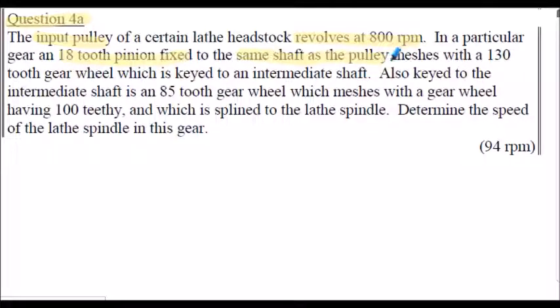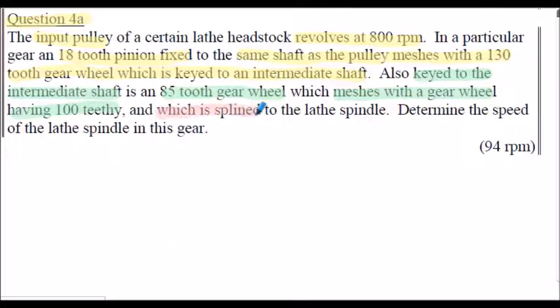And that gear meshes with a 130-tooth gear wheel, which is keyed to what they call an intermediate shaft. Just a bit of terminology there. Also keyed onto the intermediate shaft is an 85-tooth gear wheel, and that meshes with a gear wheel having 100 teeth.